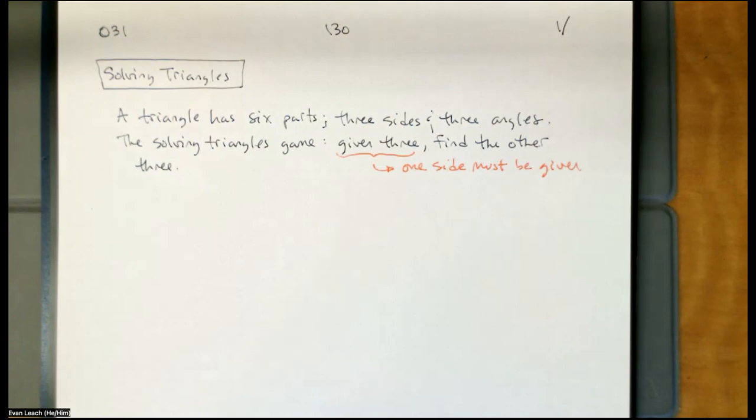I can't just give you 3 angles. But that's the game. I give you 3 pieces of information: 1 side and 2 angles, 2 sides and 1 angle, or 3 sides. I can ask you to find the other 3 parts.